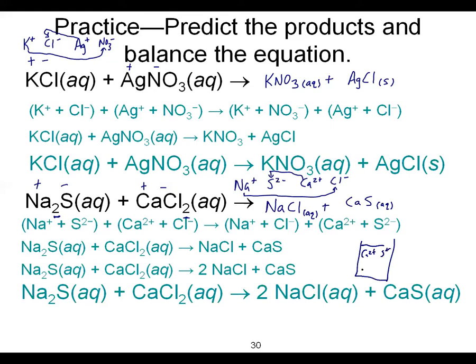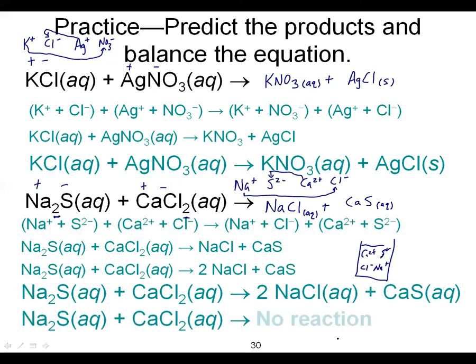Nobody is coming together to make a solid or a liquid. That means not much is going to change. You're really going to get no reaction in this case because of the solubility rules. Any questions on either of those two?